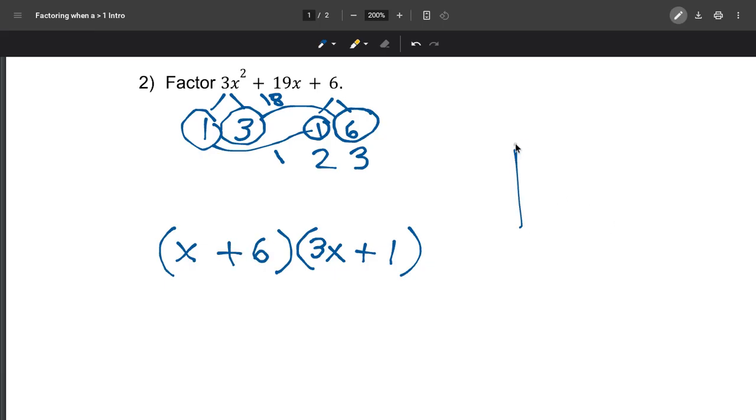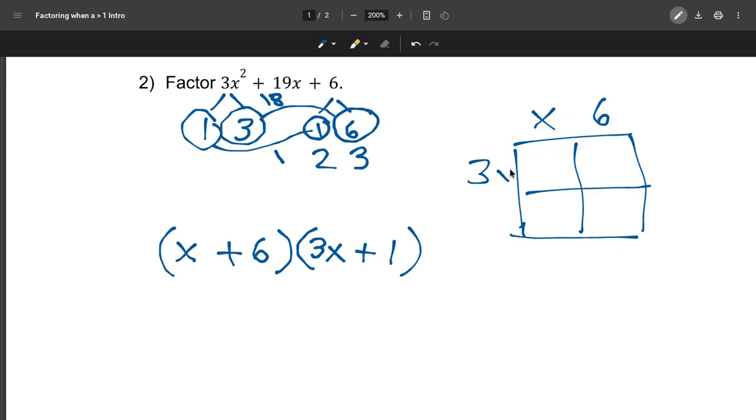Again, we should check this. So let's do our Punnett square. So we've got x plus 6 times 3x plus 1. 3x times x is 3x squared. 3x times 6 is 18x. x times 1 is x.